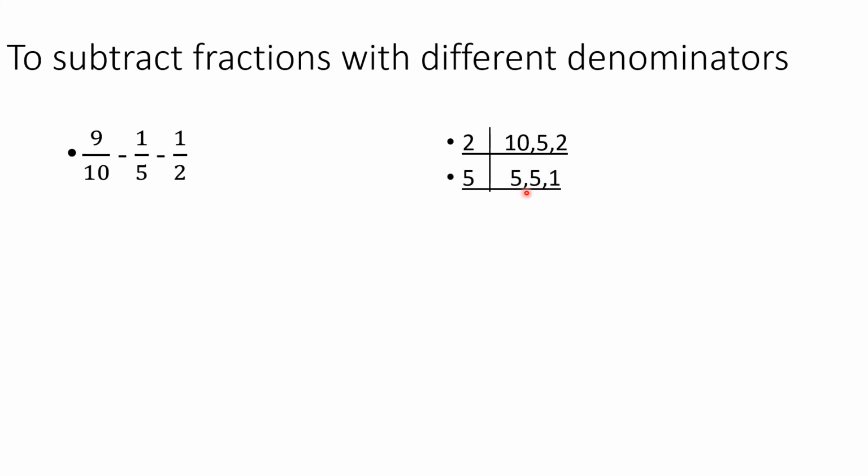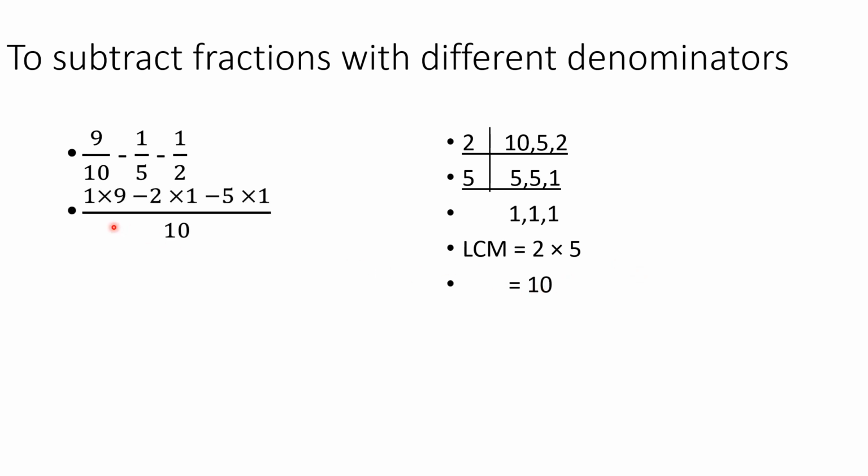Now here is a common divisor for these two numbers which is 5. So we will divide by 5. 5 1s are 5, 5 1s are 5 and 1 as it is. Now LCM will be 2 multiplied by 5, which is equals to 10. This LCM will be our new denominator. So we will write 10 here.